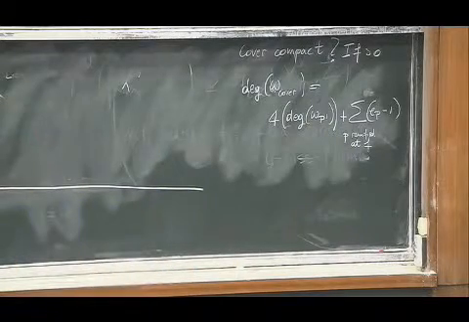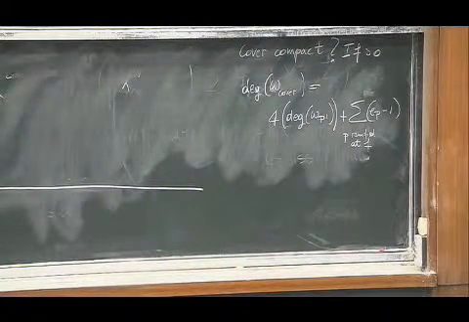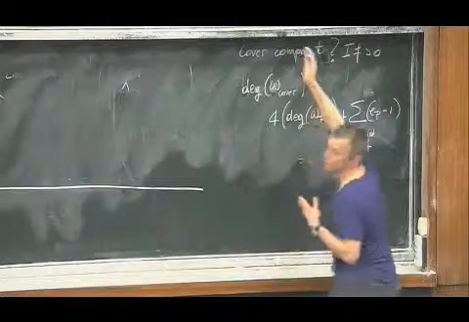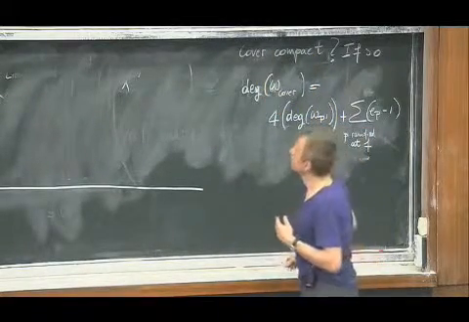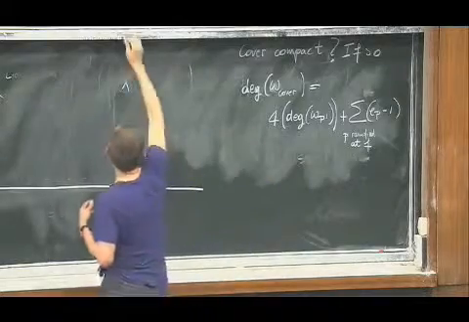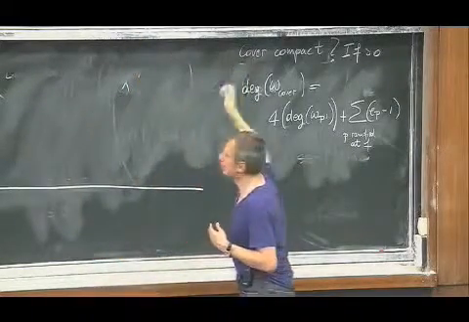So what this formula says is that we have to compute for every fiber, every special fiber, 4 minus the number of orbits. Okay? So what does 4 minus the number of orbits give in those cases?